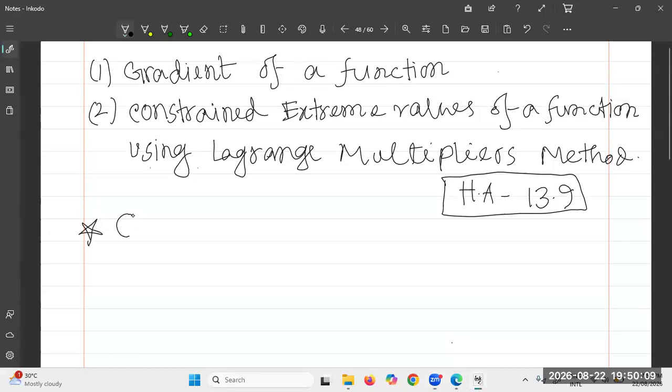So our first topic is basically gradient. This is basically known to all of us. Let's say we have a function f of x comma y.